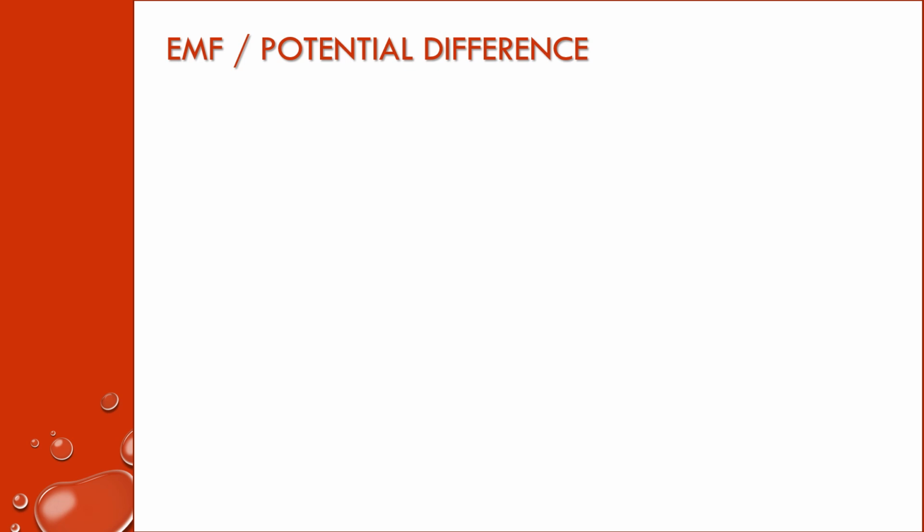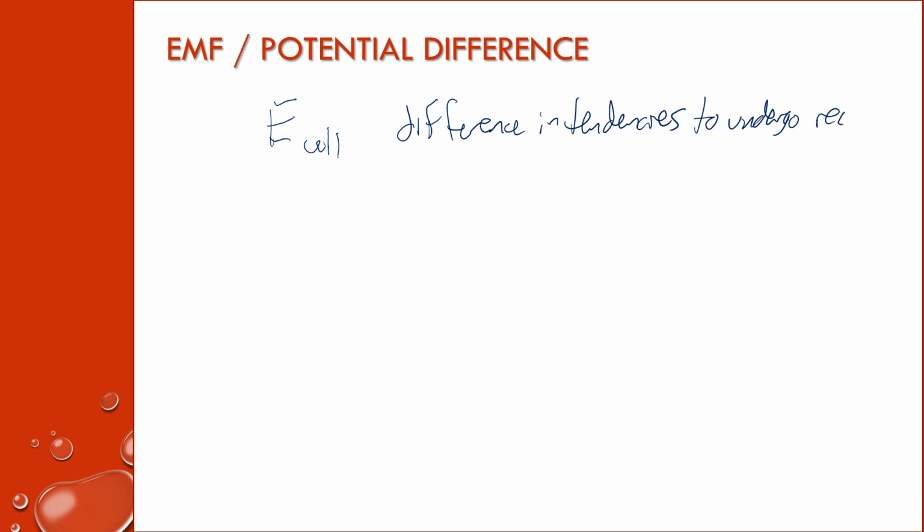Okay, so let's start out by talking about electromotive force, or EMF. It's the potential difference. And for chemistry, we're going to abbreviate it E cell because we're dealing with electrochemical cells. And again, in chemistry, we're going to look at the difference in tendencies to undergo reduction.